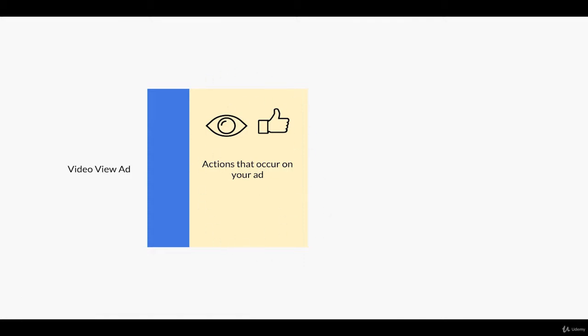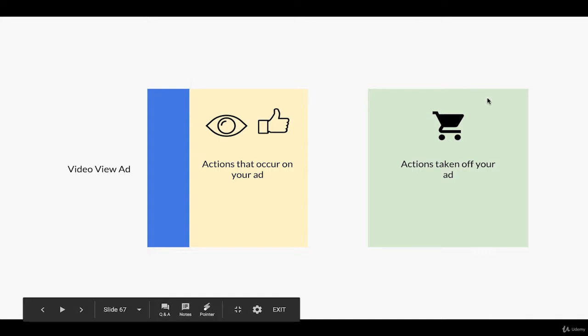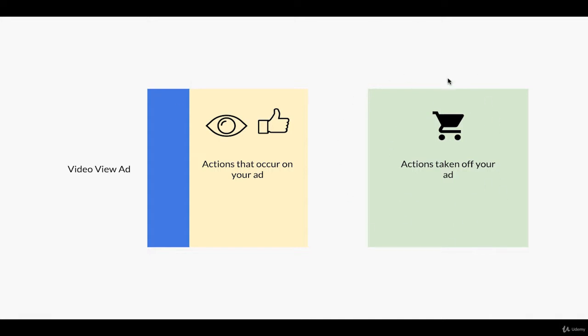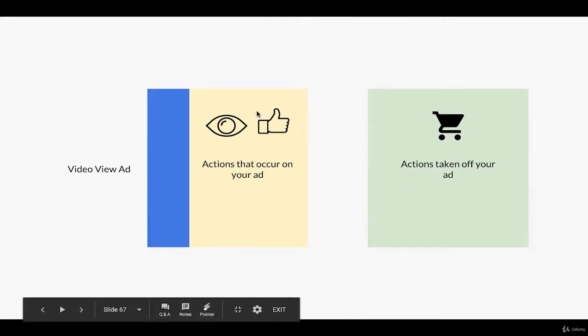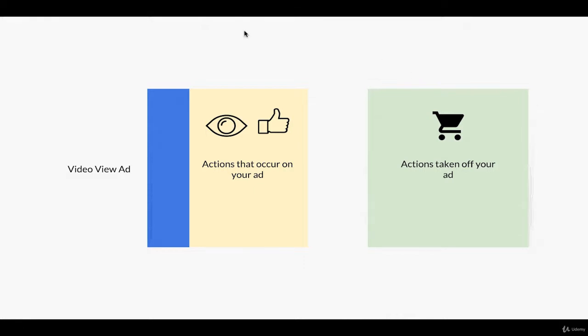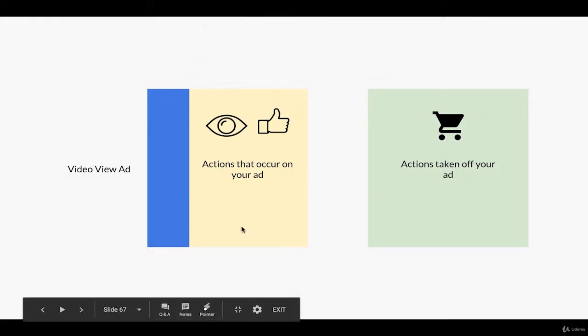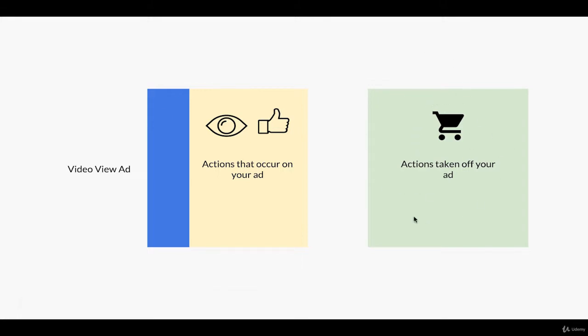However, there are also other actions which occur off your ad. Let's say the goal of your video view ad is that at the end this person signs up on your website, buys a product, or whatever your objective is. However, this action is taken off your advertisement, so this is happening on your website, not within the ad container anymore. And this is the first important thing you have to understand. First, there are actions that occur on your ad. Second, there are actions that are taken off your advertisement.